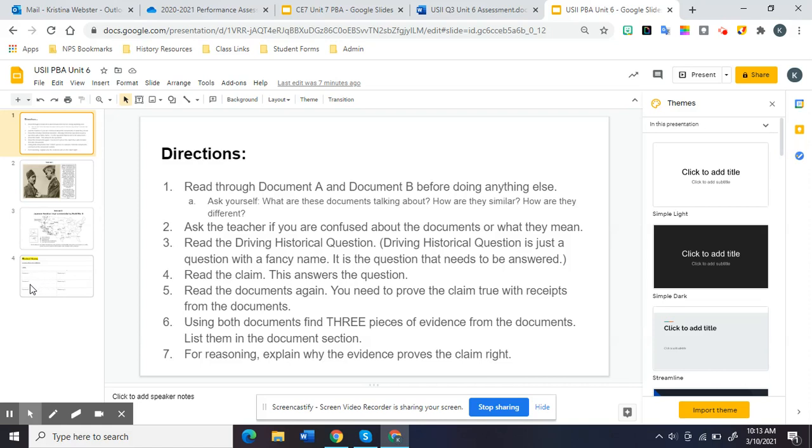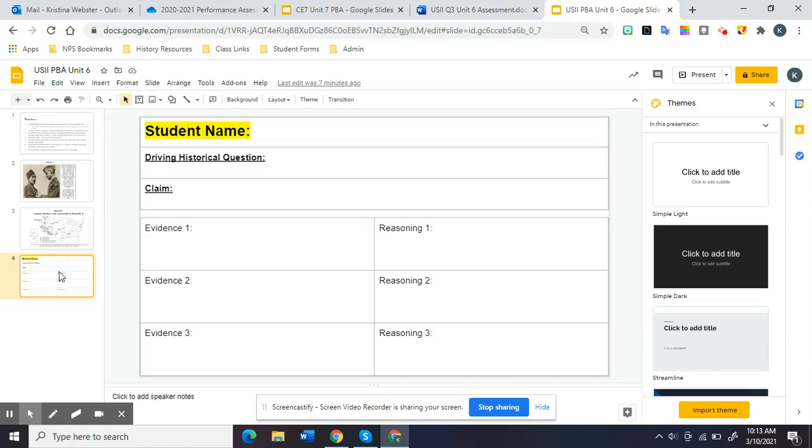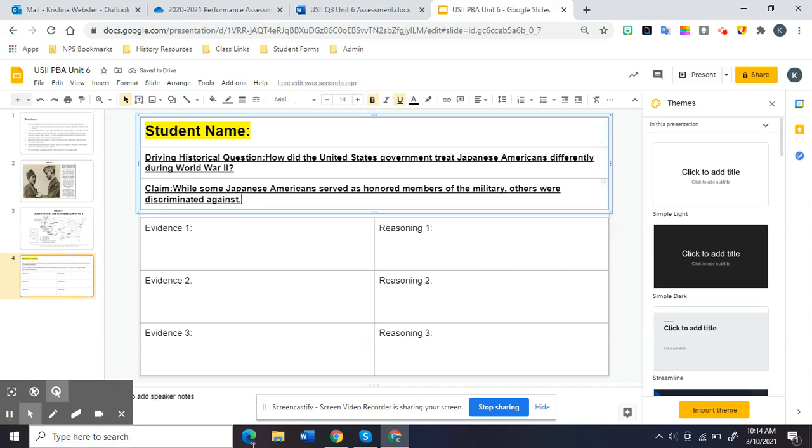Now we're going to go down to slide 4 and read the driving historical question and the claim, which I did not put, so. Okay. The question: how did the United States government treat Japanese Americans differently during World War II?